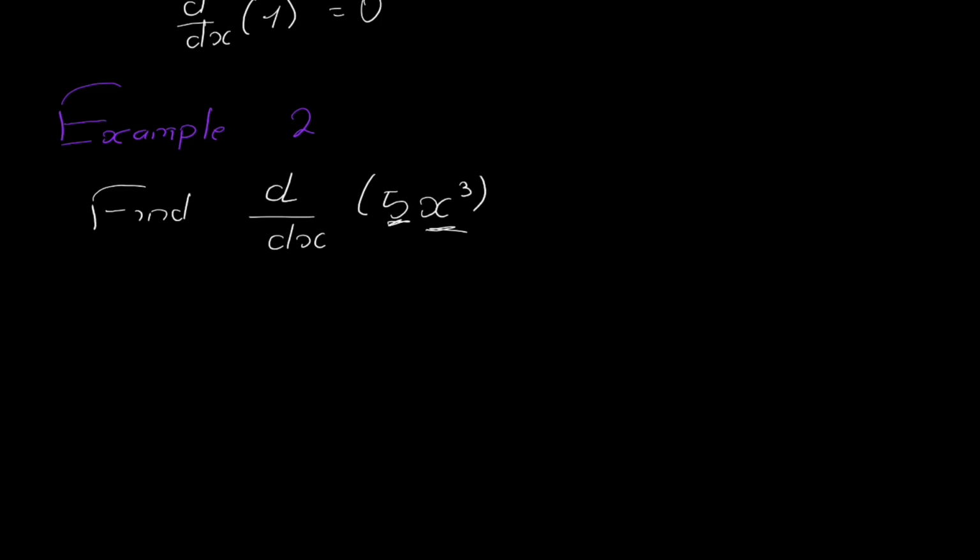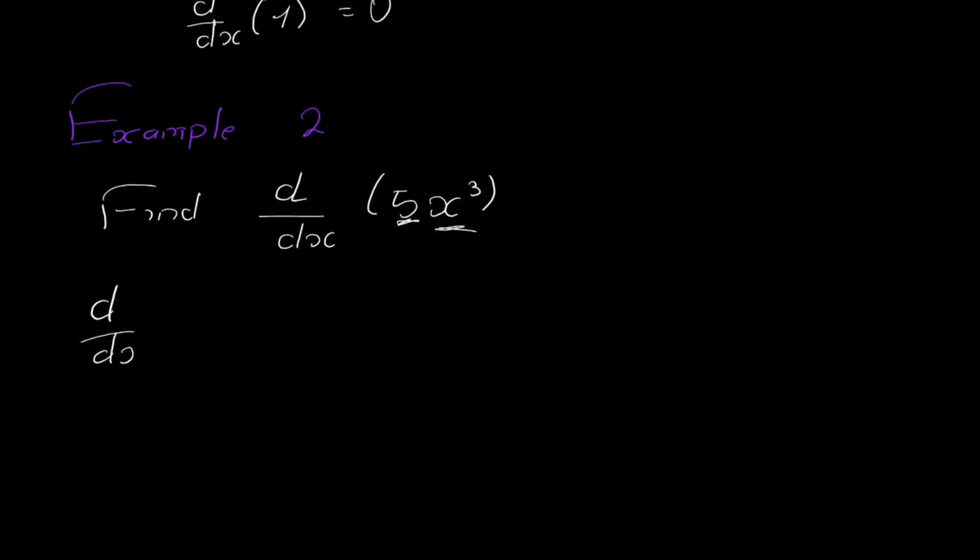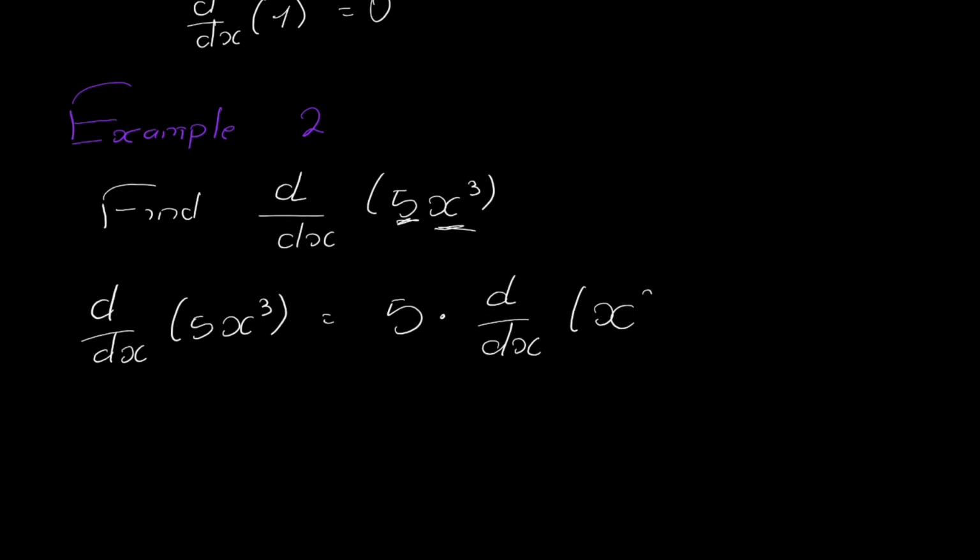It says that differentiating this function is the same thing as keeping the 5, or keeping the constant, outside and differentiating the function normally. So the derivative of 5x cubed is the same thing as keeping the 5 outside and differentiating the function normally.